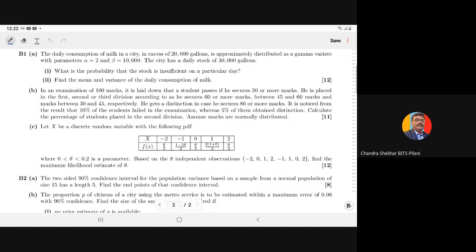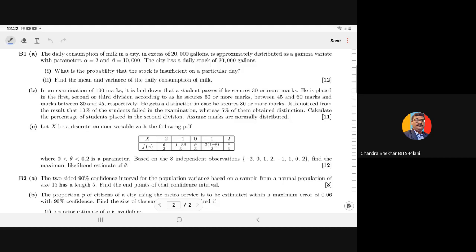Then in part C, let X be a discrete random variable with the following PDF: x is equal to -2, -1, 0, 1, 2, and f(x) is equal to 30 theta upon 3, 1 minus 5 theta upon 3, theta upon 3, 2 into 1 plus theta upon 3, and theta upon 3, where theta is unknown.